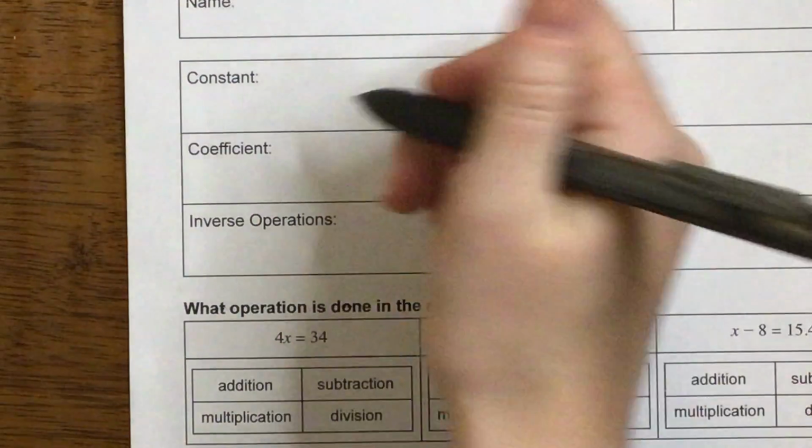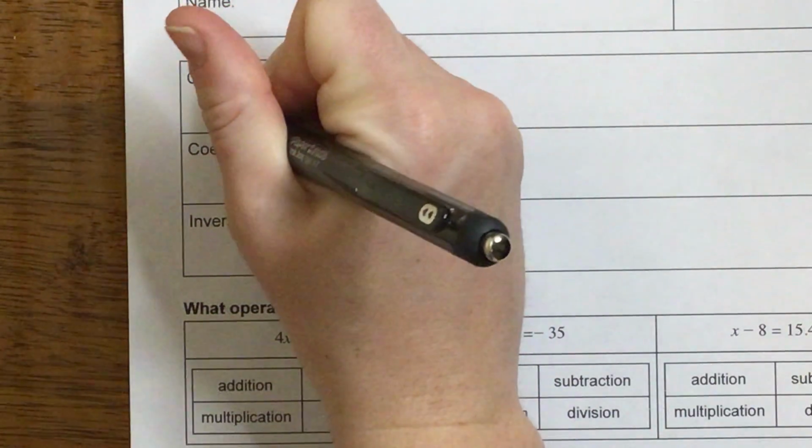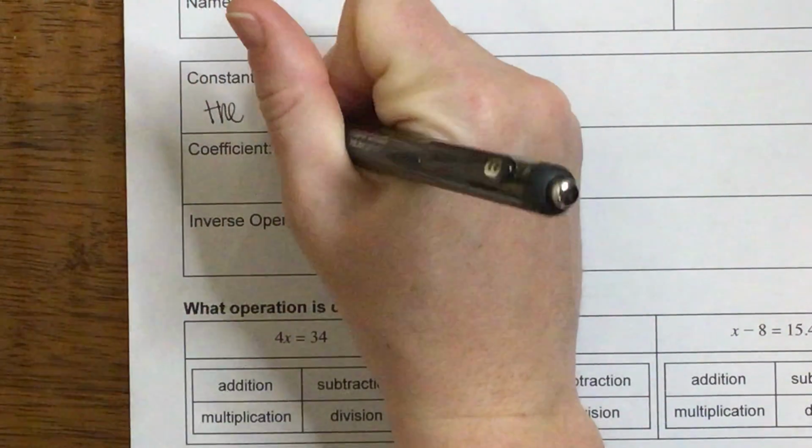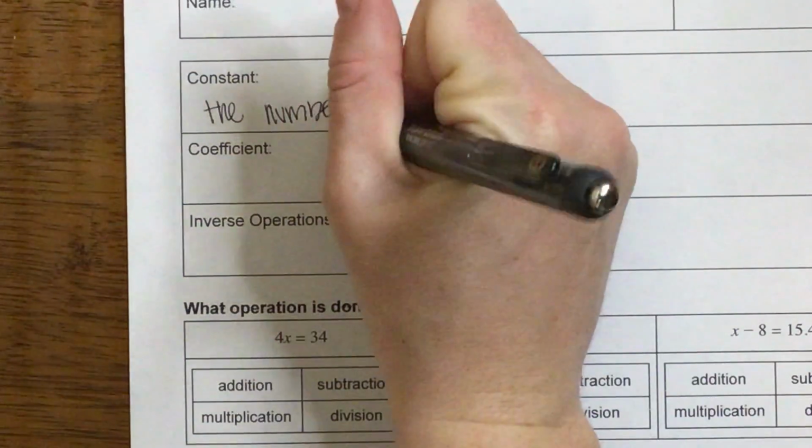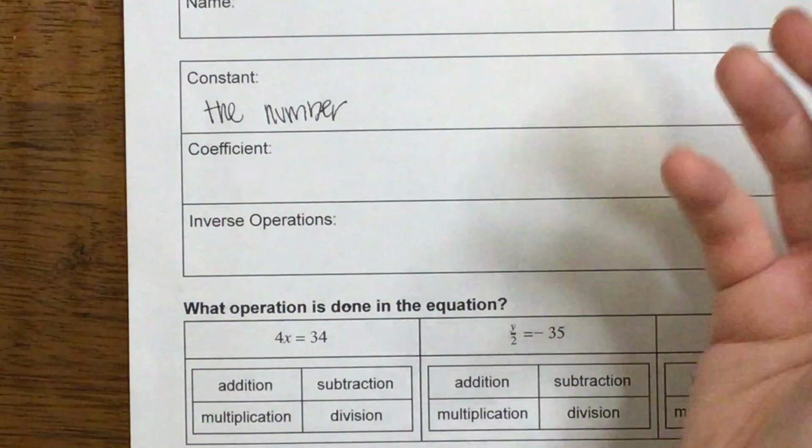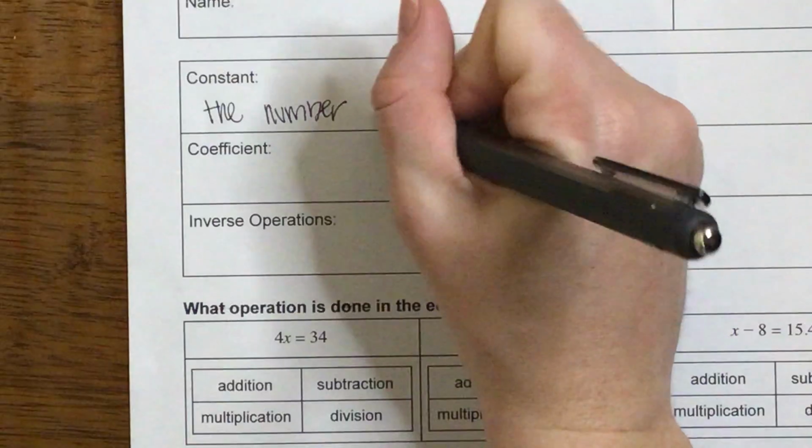So the constant is the number that is being added or subtracted to the variable.